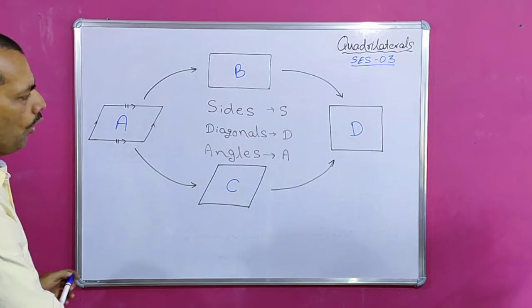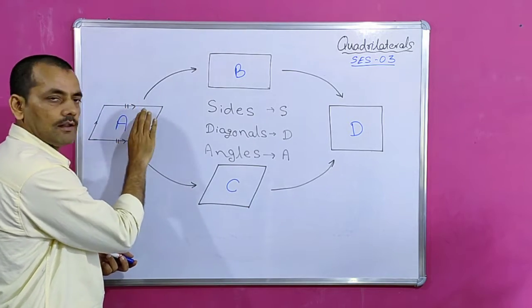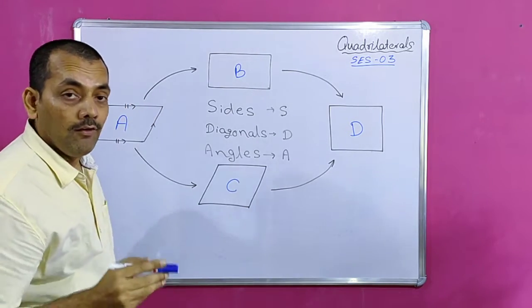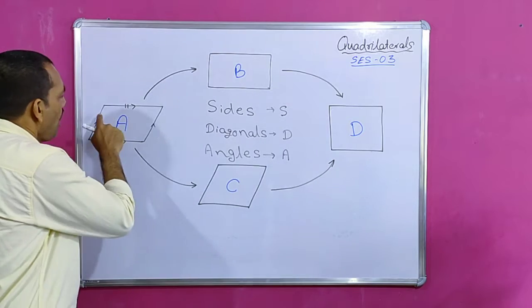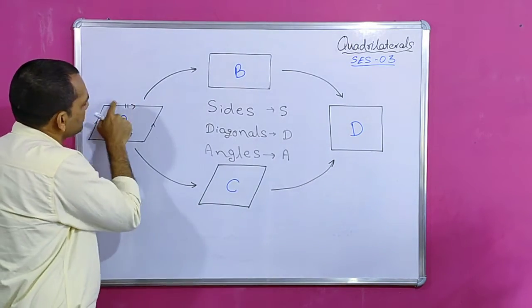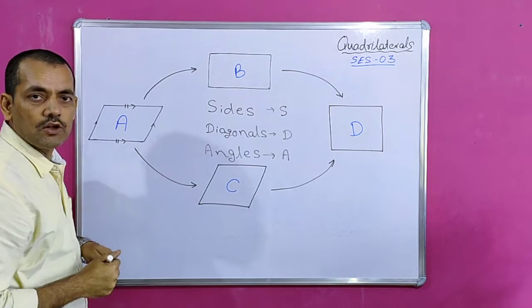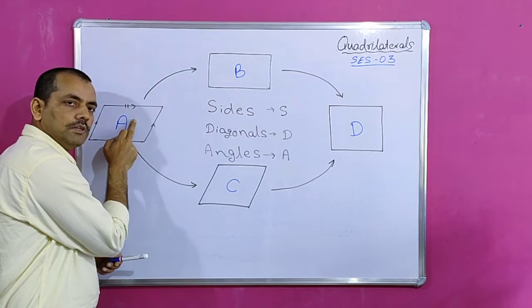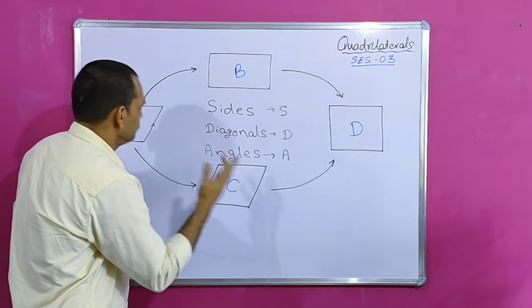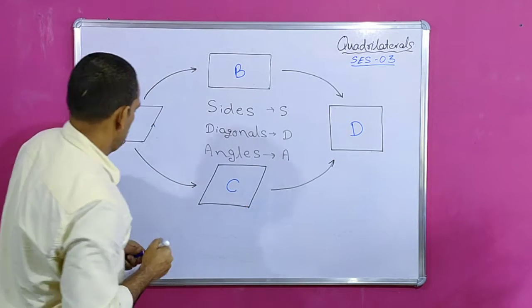Now, we know opposite sides are parallel and equal. What if all sides are equal, or adjacent sides are equal? If adjacent sides are equal, this parallelogram will become a rhombus.